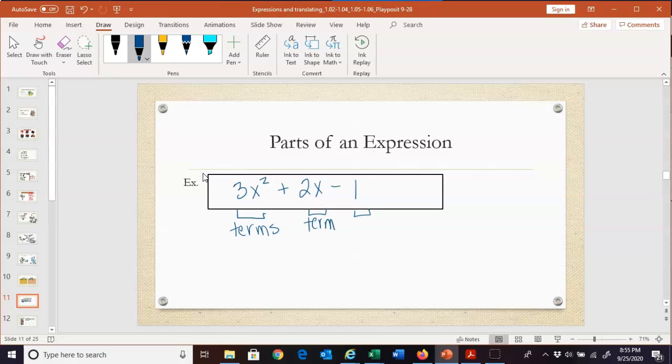So we have 3 terms. I don't want you to think that the 3 is a term and the x is a term. Those are stuck together by multiplication. That's one term. So remember, terms are separated by addition and subtraction. So we have 3 terms.